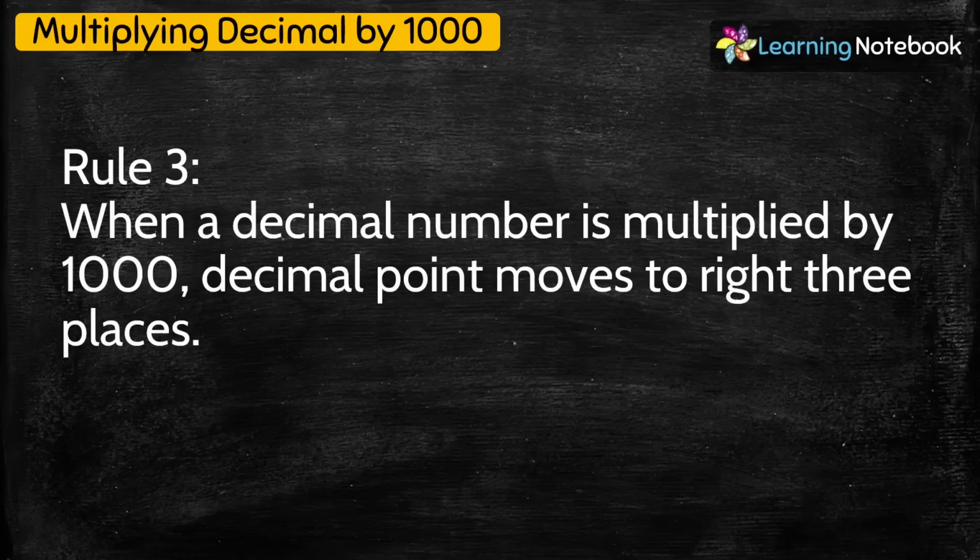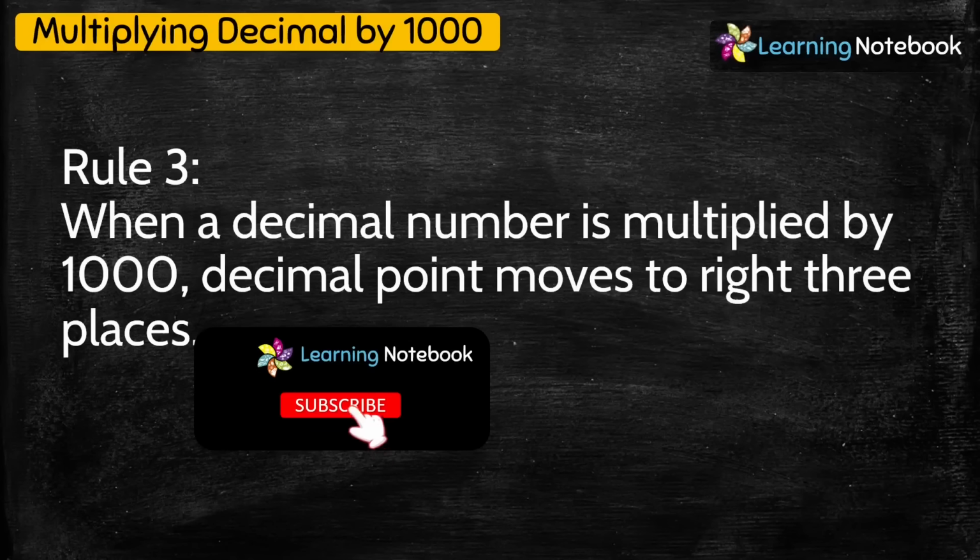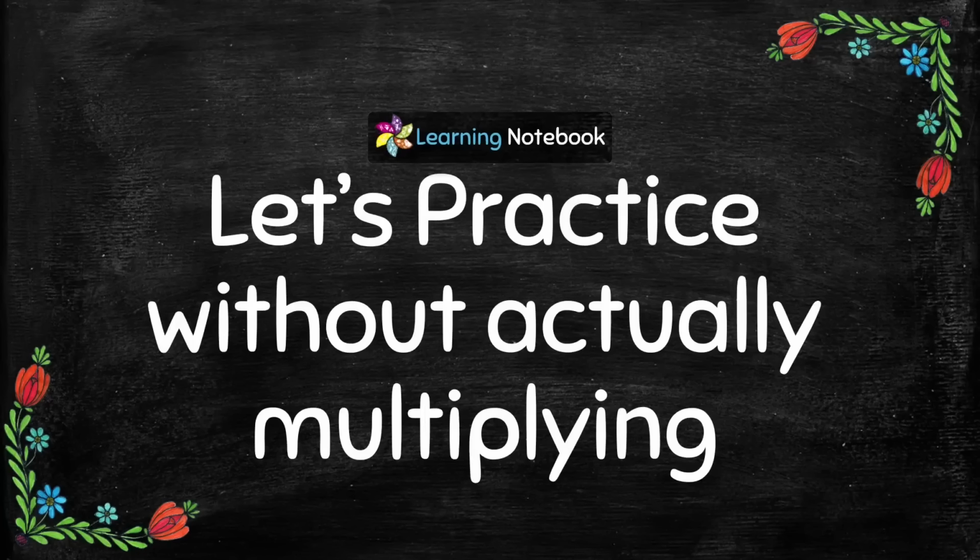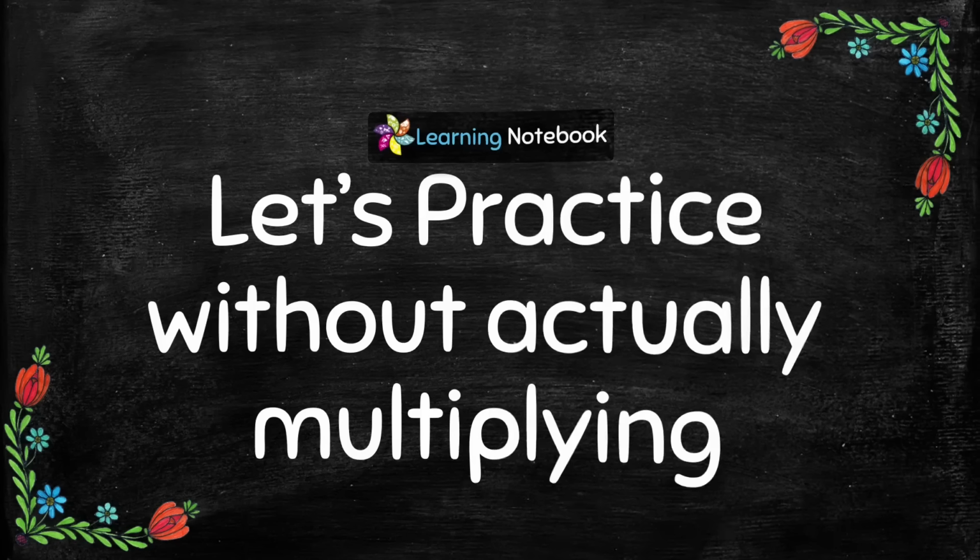So rule number 3 is when a decimal number is multiplied by 1000, the decimal point moves to right by 3 places. Now let's practice multiplication of decimal numbers by 10, 100 and 1000 without actually multiplying them.